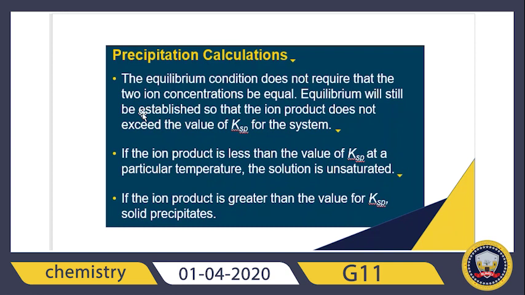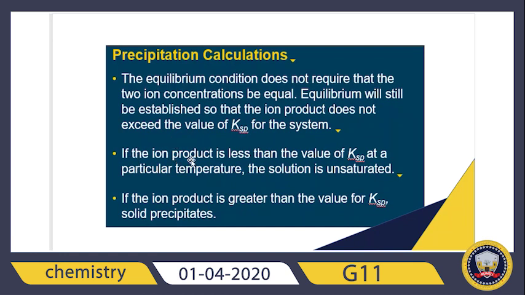However, guys, the equilibrium condition doesn't require that the two ion concentrations be equal, as we said, and here equilibrium will still be established so that the ion product, I mean the concentration of barium and the concentration of carbonate ions, doesn't exceed the value of KSP for this system.